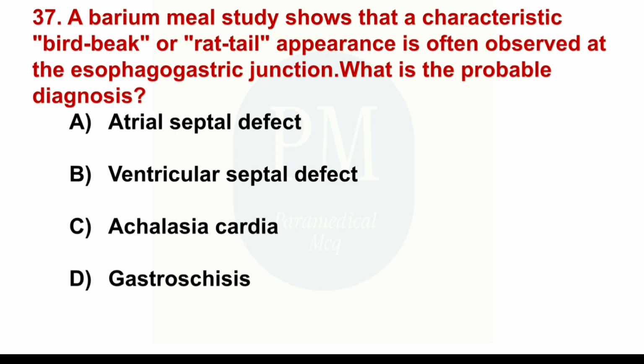A barium meal study shows that a characteristic bird or rat tail appearance is often observed at the esophagogastric junction. What is the probable diagnosis? Option A, atrial septal defect. Option B, ventricular septal defect. Option C, achalasia cardia. Option D, gastroesophageal reflux. The correct option is option C, achalasia cardia.